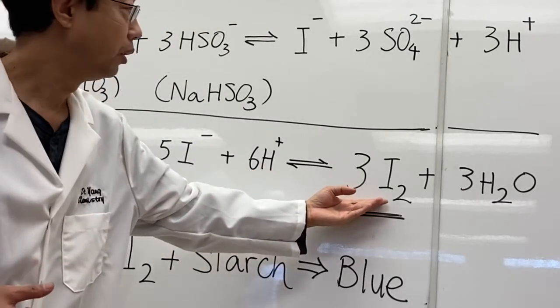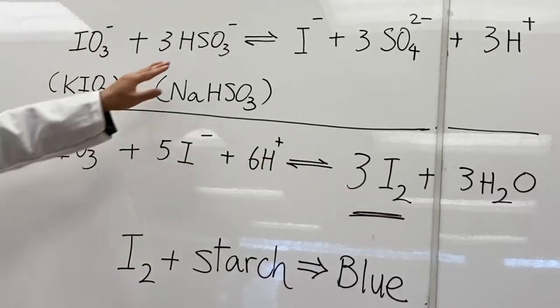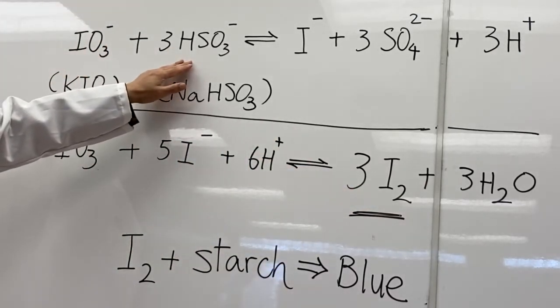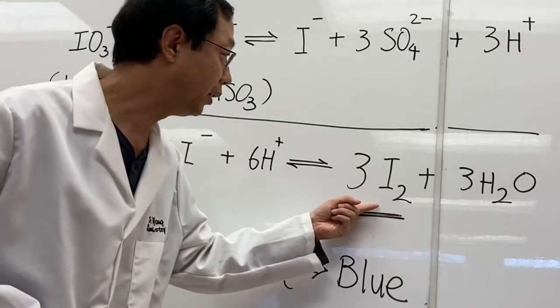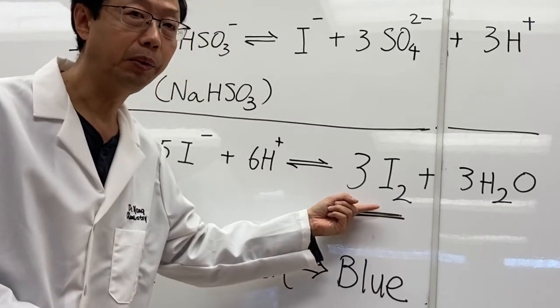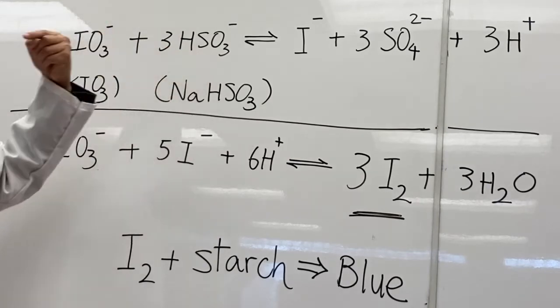In other words, when the iodine is produced, you know the hydrogen bisulfite is totally consumed. That reaction is done, it's finished. We monitor the appearance of iodine. Once iodine is produced, we know that one is used up, reaction is done.